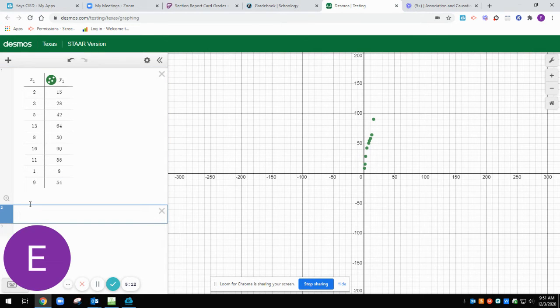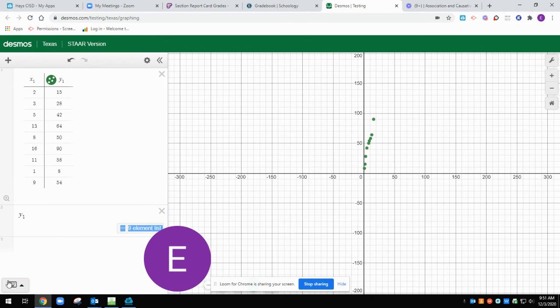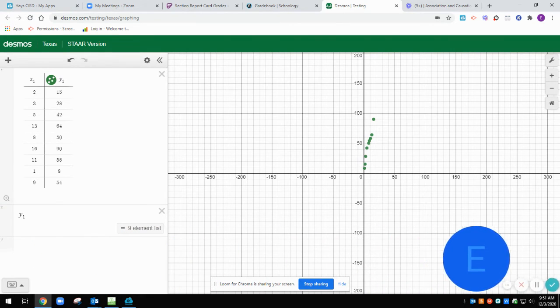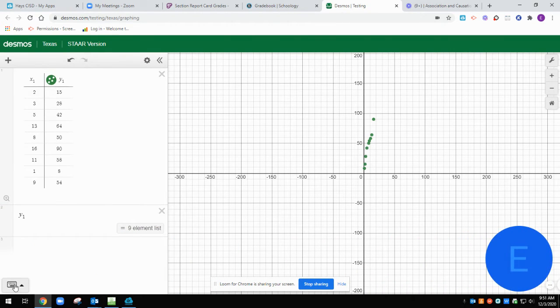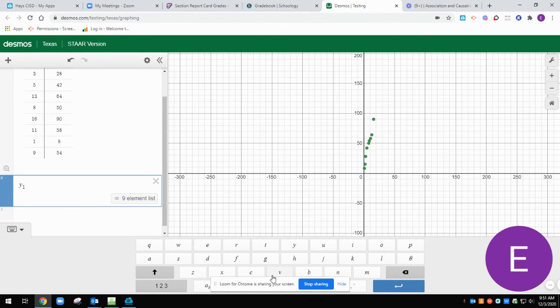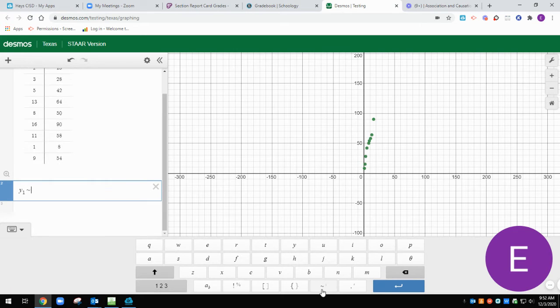Okay, so we have y1. To get the little symbol, we're going to click the ABC buttons, and it will be down here at the bottom.